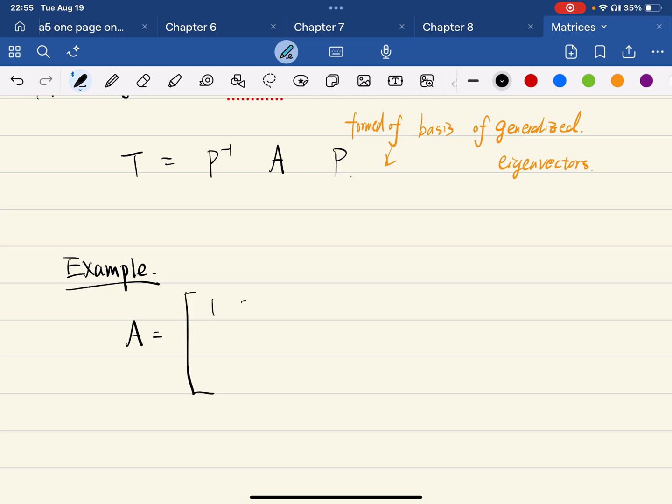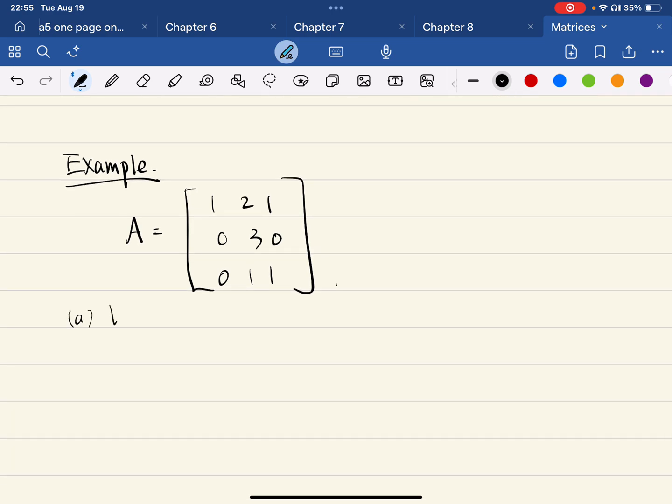Let A equal 1, 2, 1. Question A. What is the characteristic polynomial?